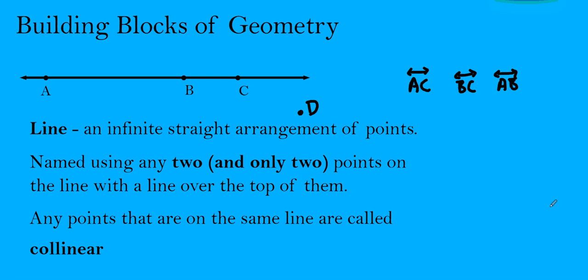But if you can draw a line through them, they are collinear, even if there isn't a line drawn through them. C and D could be considered collinear because you could put one line through them, but B, C, and D cannot be.